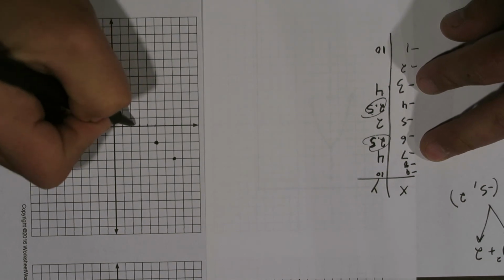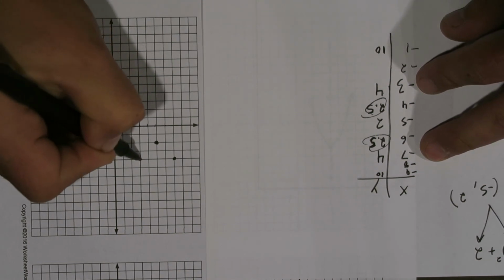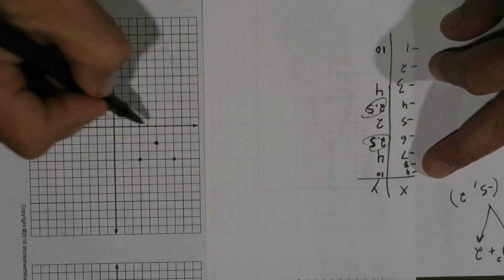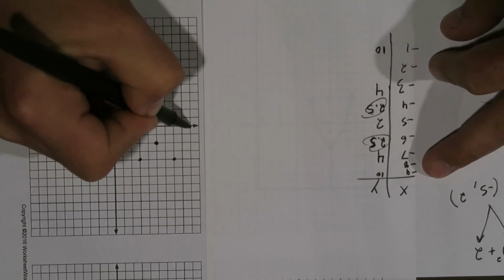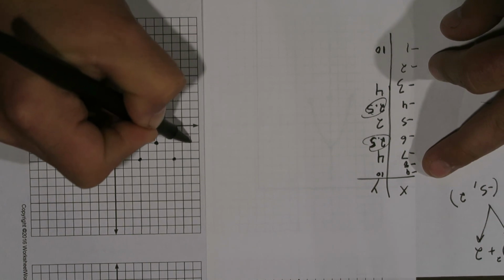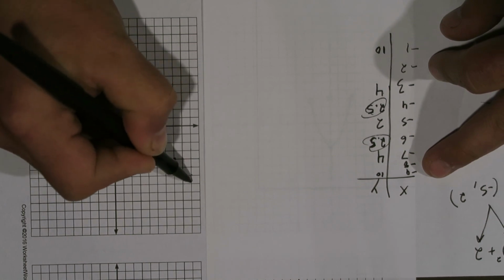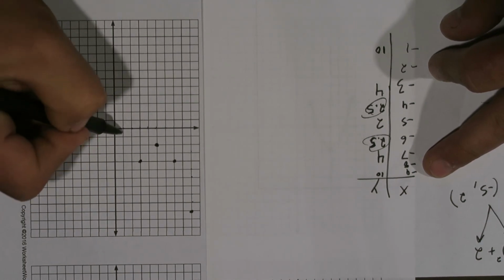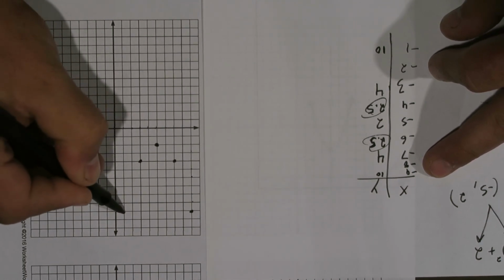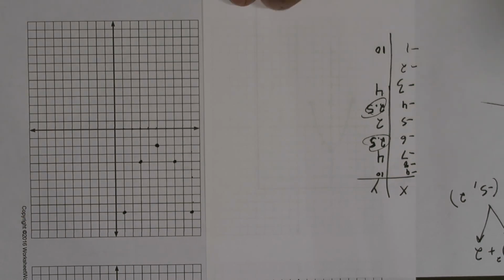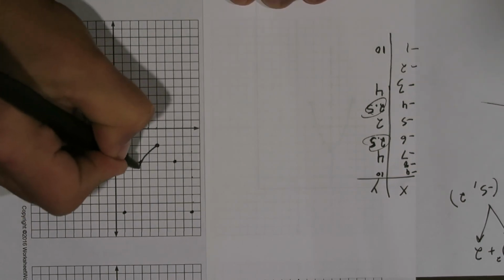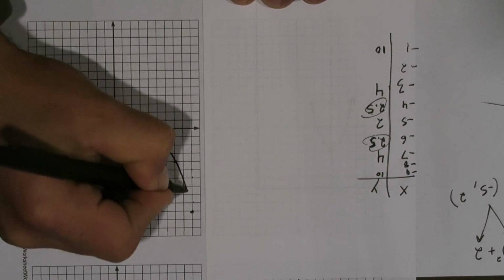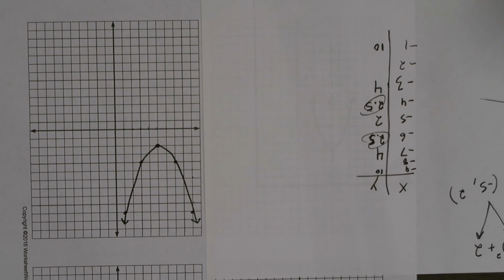And then we have -3, 4. That's right here. And then we have -9, 10. So -9's way over here, and 10 is 1, 2, 3, 4, 5, 6, 7, 8, 9, 10. And using symmetry, -1, 10 should be right here. All right, so here's our wider parabola. And there we go.